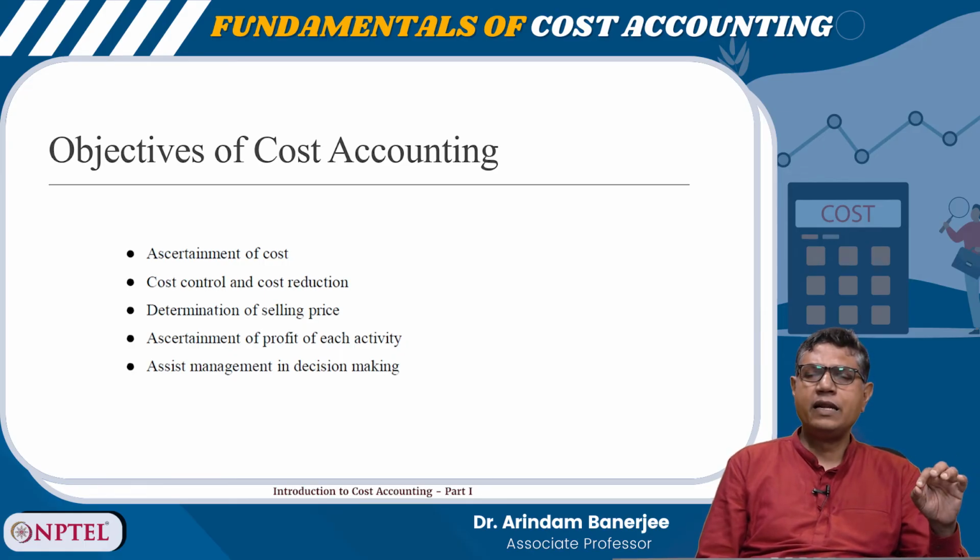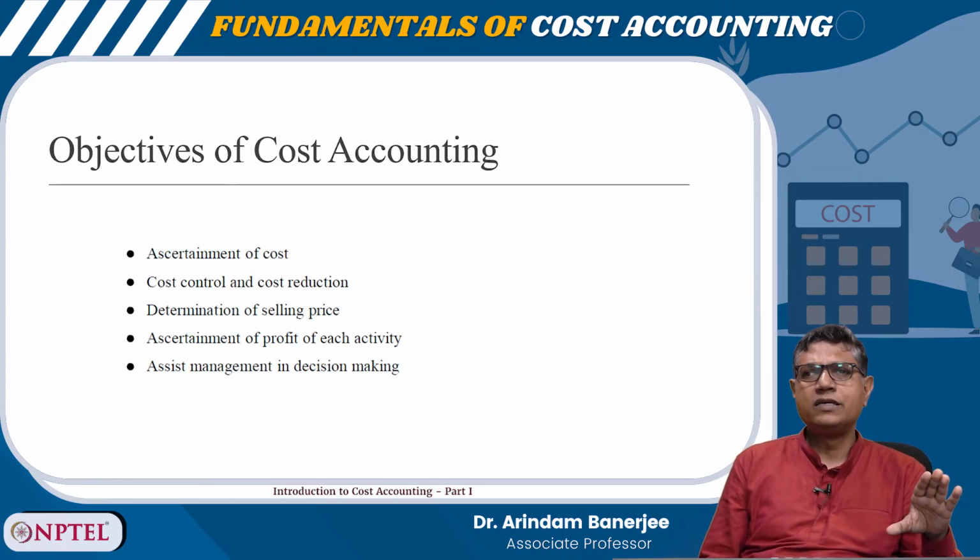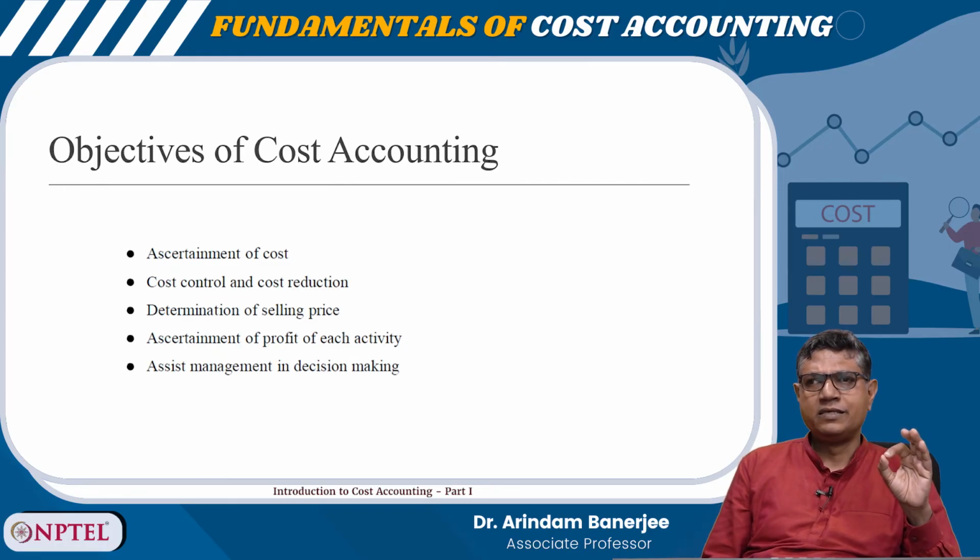Direct labor is one who has directly worked. Suppose this is manufactured in an assembly line particularly dedicated to this model. The workers who are working on that assembly line, I can take their salaries and wages as the direct labor cost.